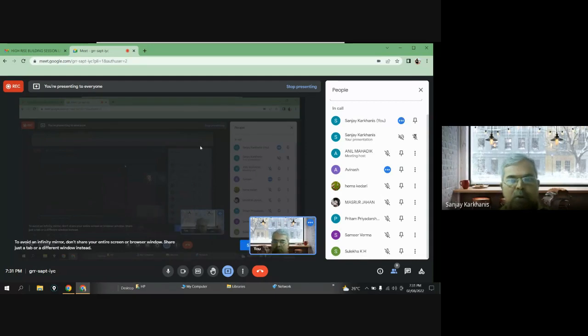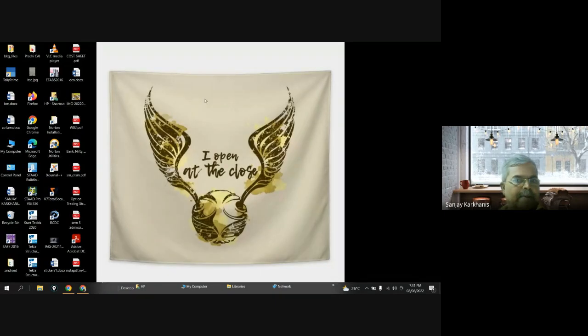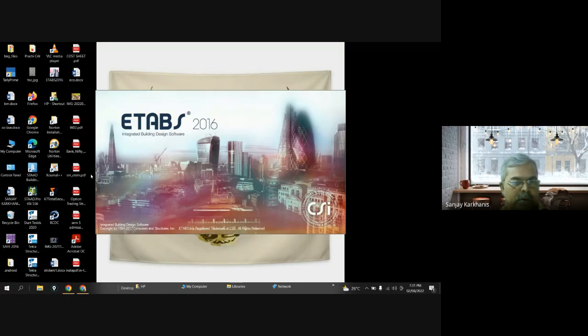Okay, so let me go to the ETABS model. I will pull this down. Double click on that icon and wait for the initializing process.